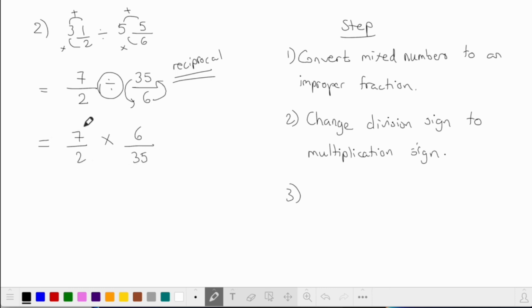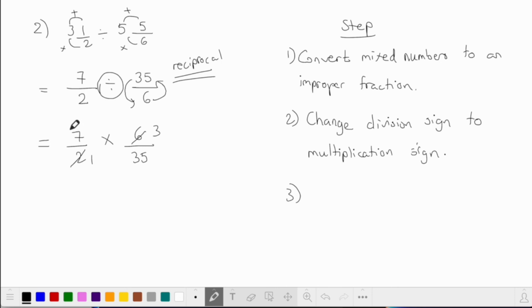We can either multiply straight across, or we can simplify if there is a highest common factor between numerator and denominator. So 2 and 6: the highest common factor is 2. So 2 times 1 is 2, and 2 times 3 is 6.